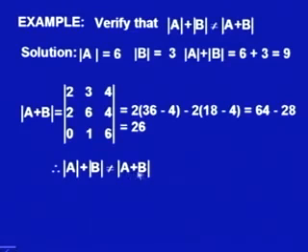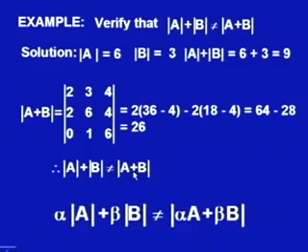In fact, if we have to add these, and if some rows or some columns are identical except one particular row, then we have the result given by the earlier theorem. If we generalize this, then determinant of alpha A plus beta B is not equal to alpha determinant A plus beta determinant B. Actually, it is very surprising that this result does not hold for addition.